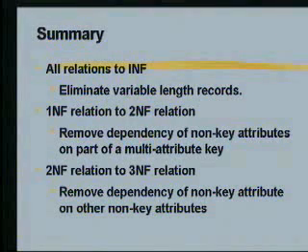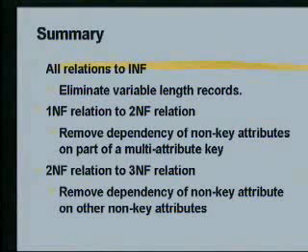If I want to convert a 1NF relation to 2NF, I have to remove dependency of non-key attributes on part of a multi-attribute key. If I want to convert 2NF to 3NF, I have to remove dependency of non-key attributes on other non-key attributes.